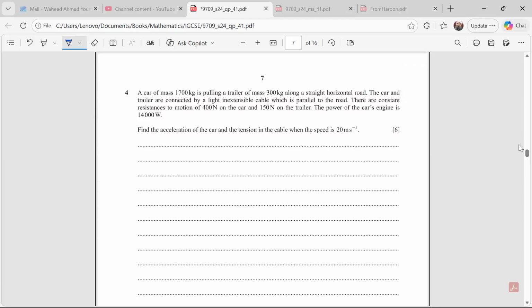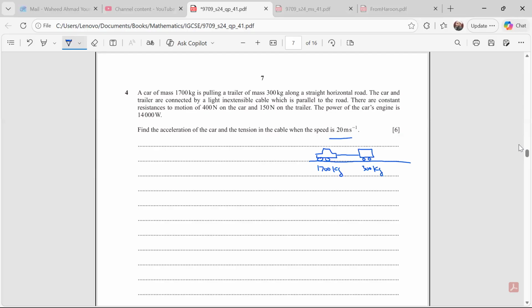So a car of this much, there's a horizontal surface. On the horizontal surface, there is a car and it is connected with a trailer, right? The mass of the car is 1700 kilograms and the mass of the trailer is 300 kilograms.